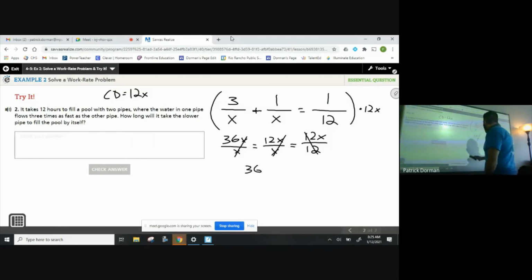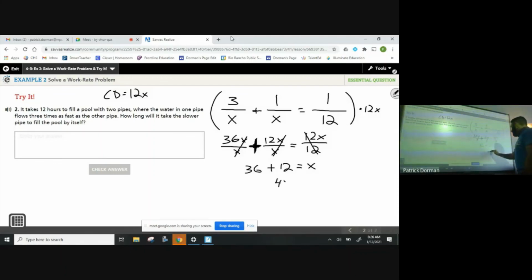Wow, I wrote an equal sign there. There should not be one. My bad. Sorry about that. That should be a plus sign. Okay, 36 plus 12 equals x. Fantastic. Let's add those guys together. So 48 is x. So what does that mean? That means that the slower pipe is going to take 48 hours.